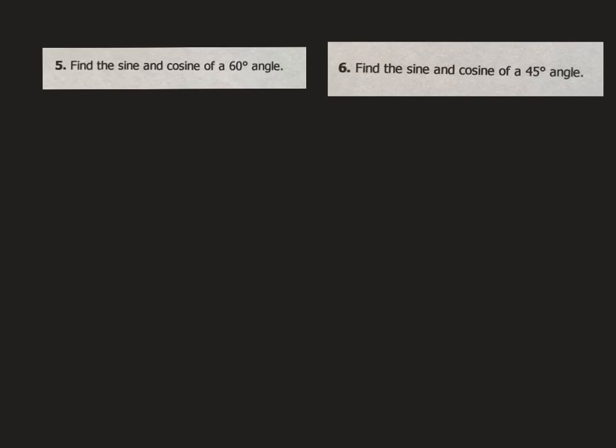So when it says find sine and cosine of a 60-degree angle, what you're going to do is draw a triangle, and you're going to turn it into a 30, 60, 90 triangle, because if one of your angles in your right triangle has to be 60 degrees, the other acute angle has to be 30. And we're just going to make this as simple as we can.